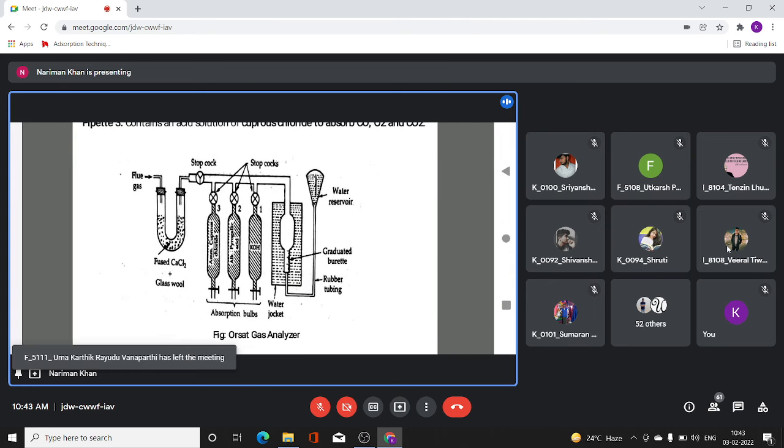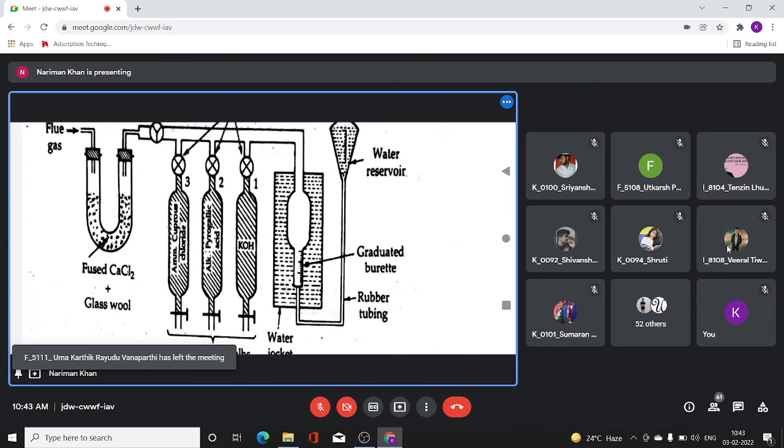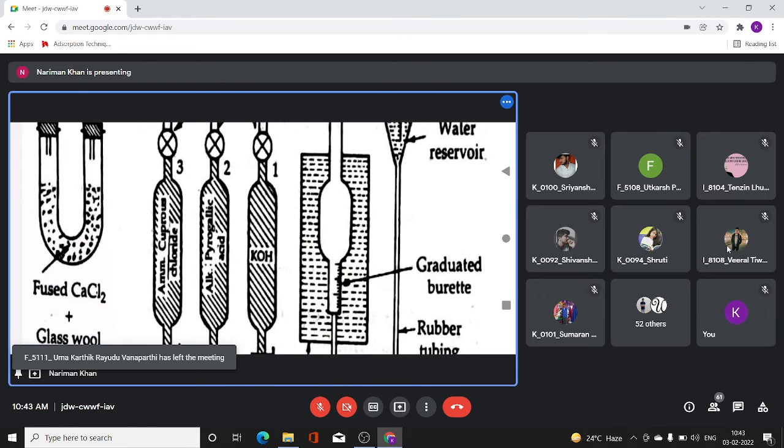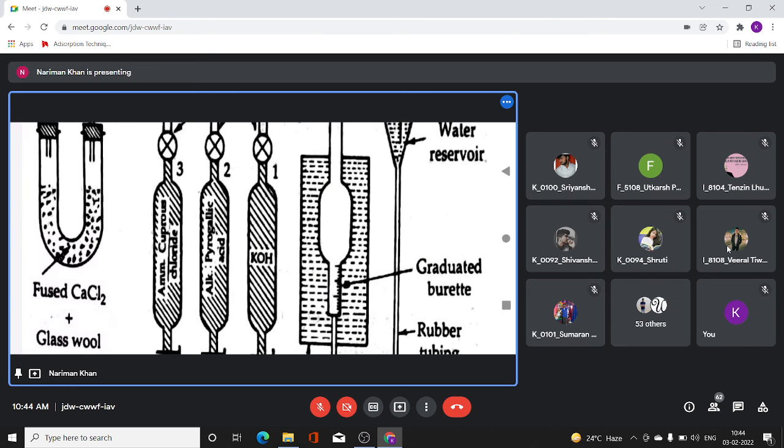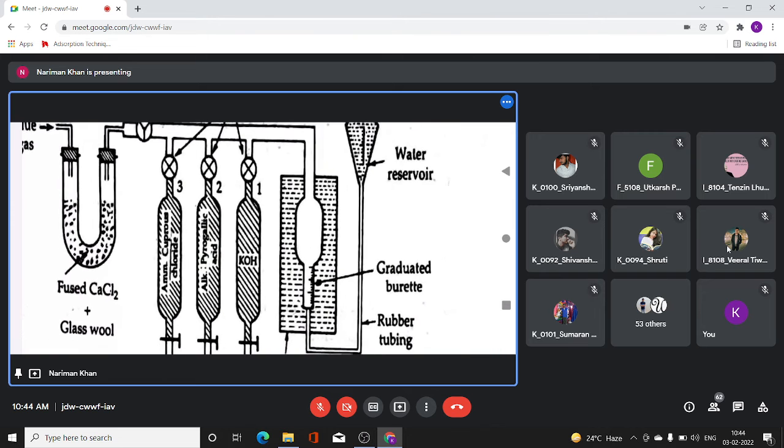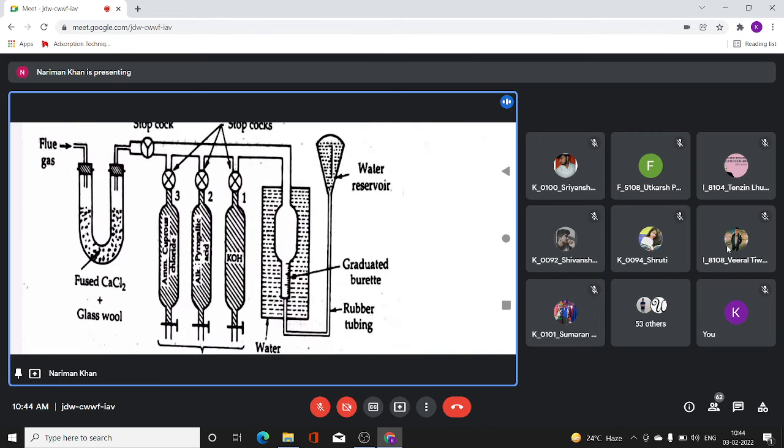In the first pipette, KOH is there. In the second pipette, pyrogallic acid is there, and in the third pipette, anhydrous cuprous chloride is there. Then it is connected with another.